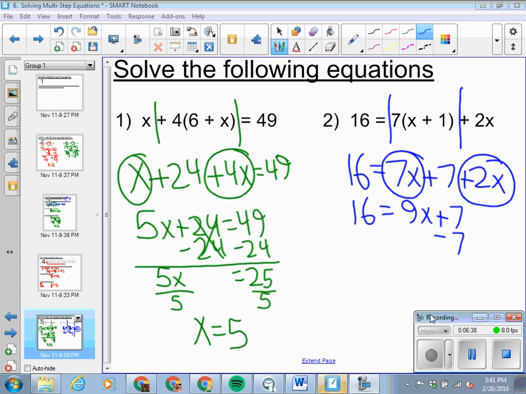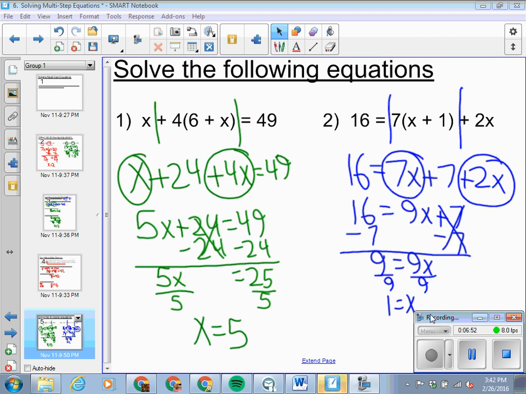Subtract 7 from both sides of the equation. Then divide each side by 9 to give us 1 equals x. Do not let the fact that the original total is on the left side of the problem throw you off. Same process. Let's conclude your lesson over multi-step equations.